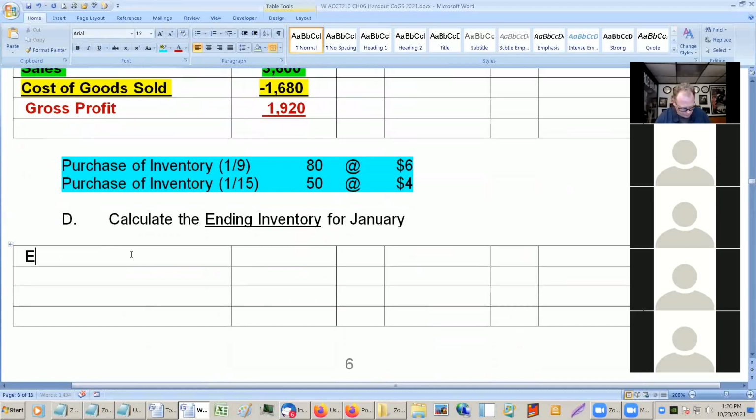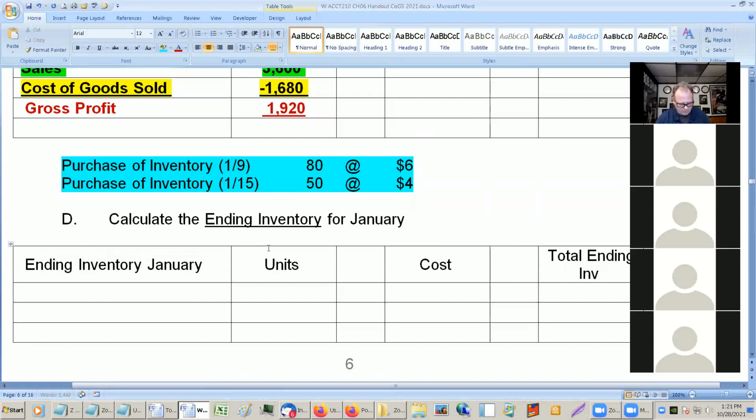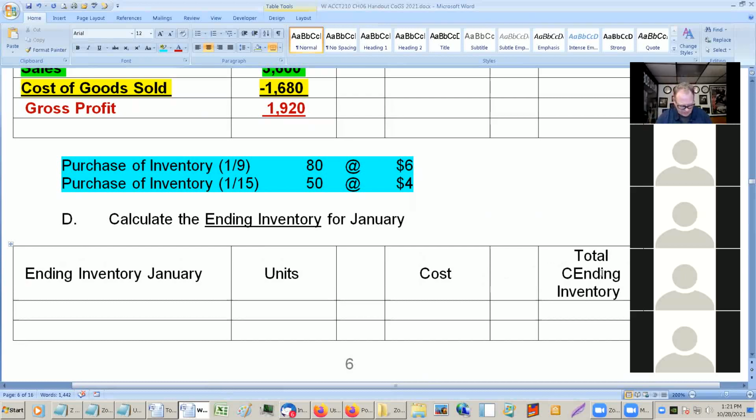All right. Okay, still have. So ending inventory is also the total cost of the ending inventory, and maybe that's a better description.